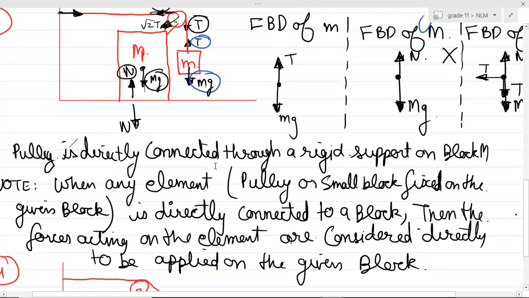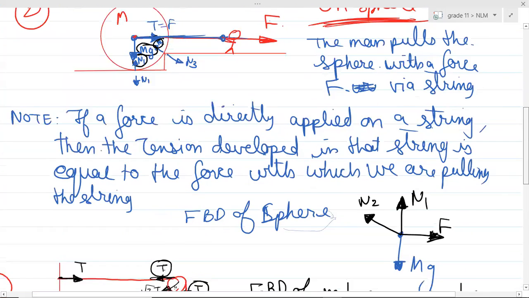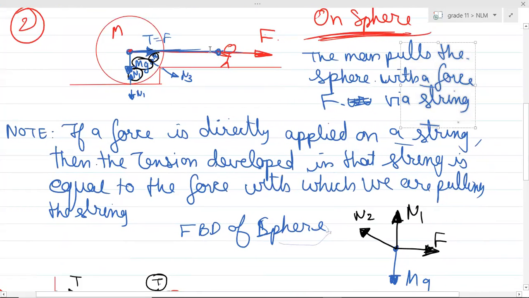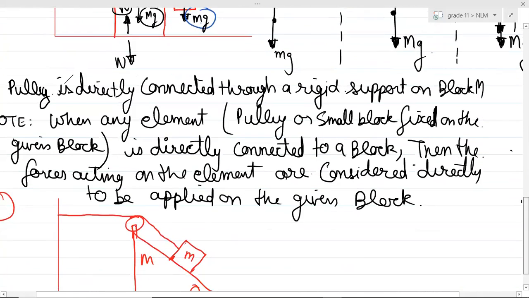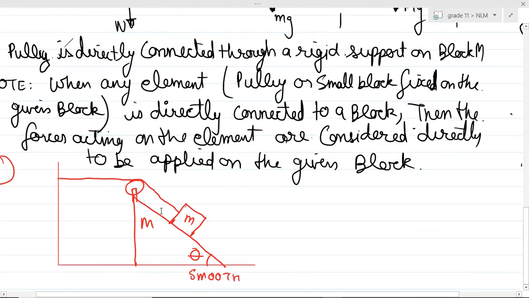Yes, guys, are you done with writing the note? So did you understand? We learned two different things over here. First thing is if you are applying a force directly on a string, that force is acting as the tension in the string, right? The second thing which we learned is if there is a thing which is directly connected to a block, whatever forces are acting on the block, that will be acting as what? Is it clear? Chalo, the next one.